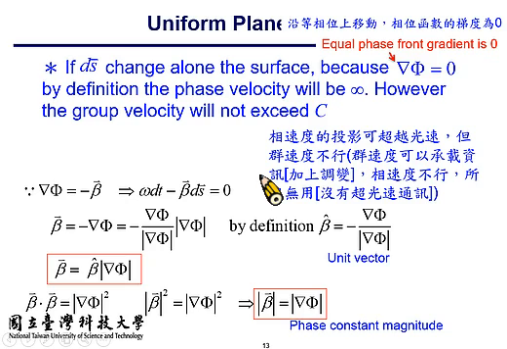So here's the seashore, and this is the direction of wave propagation. Assume each line is a position of equal phase. Then the actual wave propagation speed is the distance between two same wavefronts over the time it requires to go from here to here.